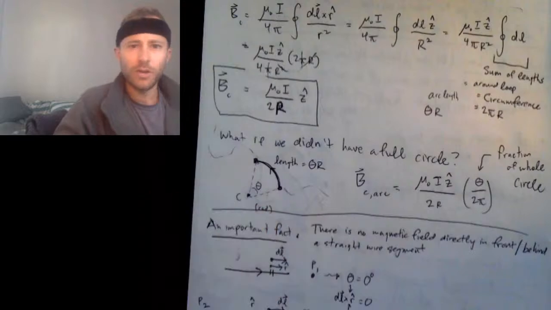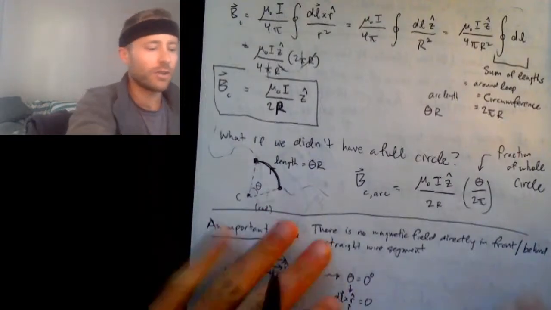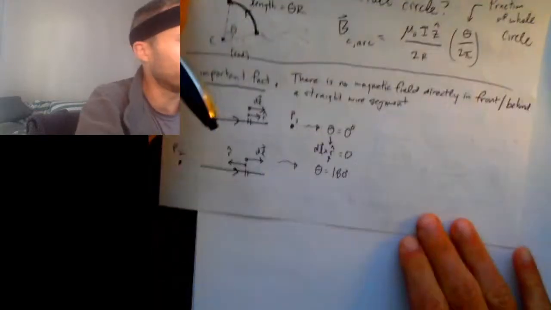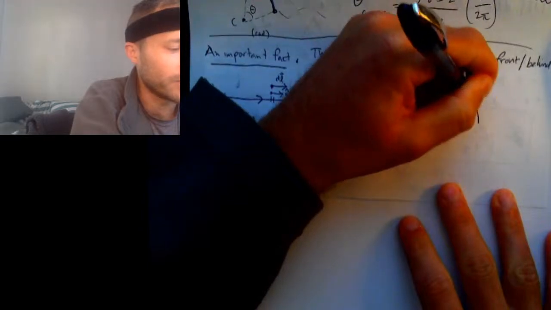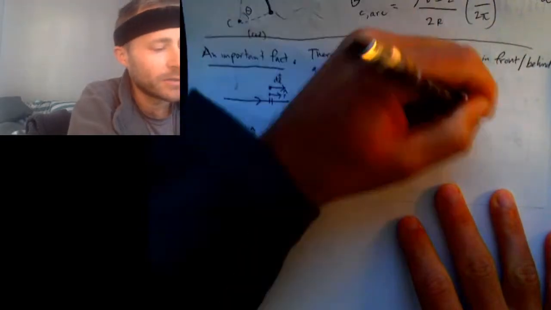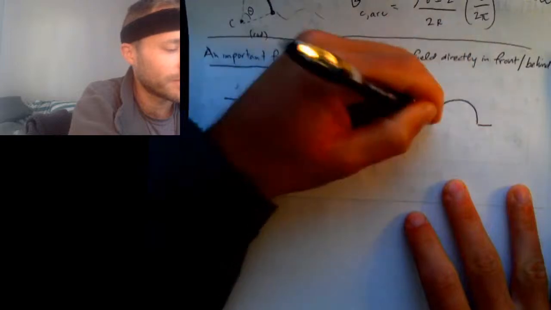So let me show you how to synthesize all this together. What if I had a loop of wire that was really weird? Maybe it looks something like this.